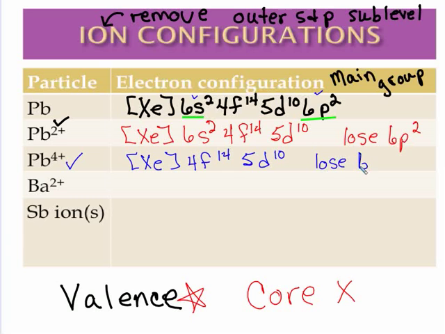So we would lose the 6s2 and the 6p2. That's how lead has those two charges associated. And if you look right above lead on the periodic table at tin, tin does the same thing. Tin has two charges, +2 and +4. And you should be able to predict those and not really have to memorize them.